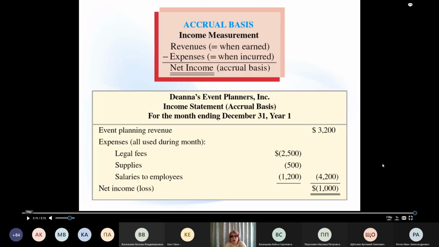This is why we have one special statement, the cash flow statement, in order to provide information based on cash basis. So we can say that both systems are really important, but for preparing the income statement, we should apply the accrual basis of accounting. But in order to provide information about cash inflows and outflows, we should develop another statement, and the title of the statement is cash flow statement.